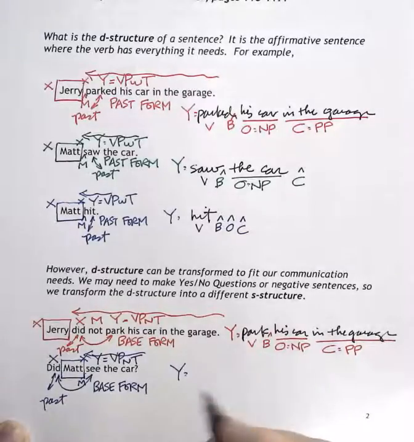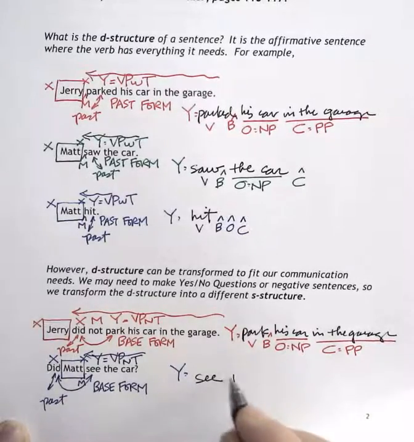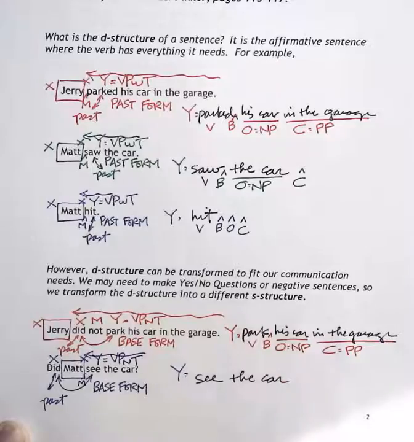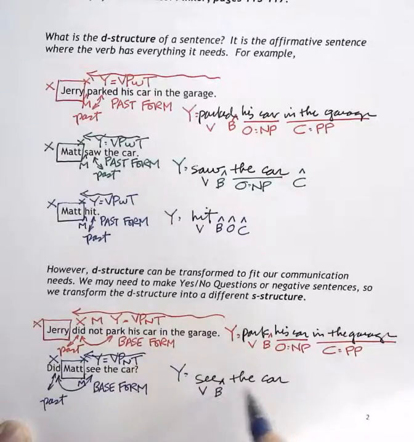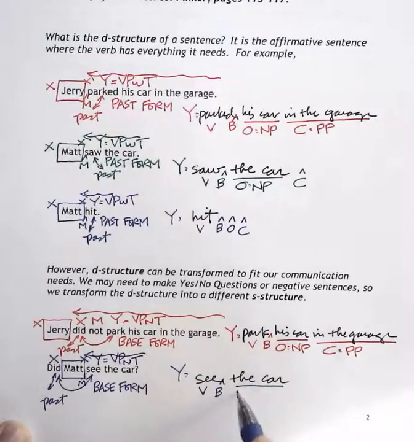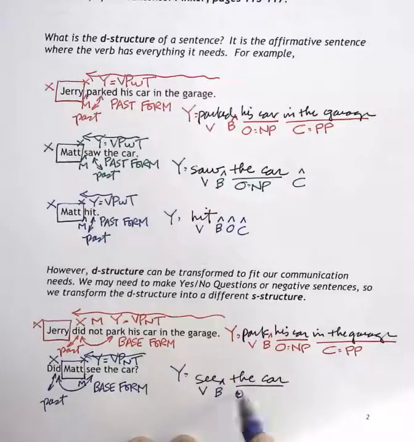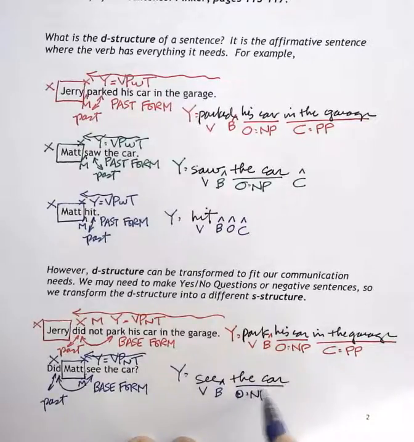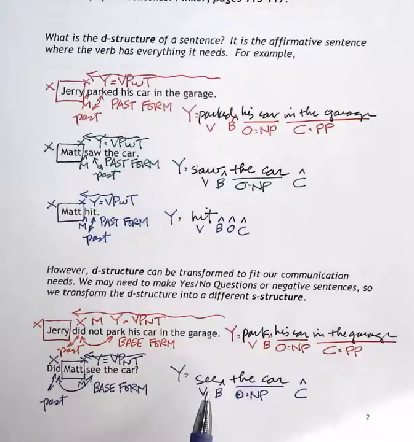Rewrite the Y. I have see the car, and see is the verb, particle, noun phrase, whoops, okay, object, getting ahead of myself, noun phrase, and complement. And even though it's a yes or no question, I still see that everything the verb requires is here. Nothing's missing.